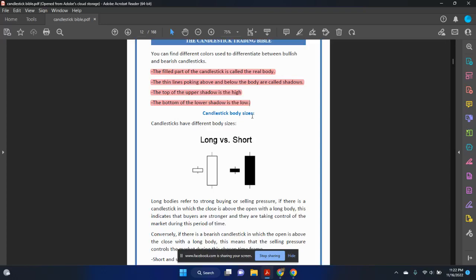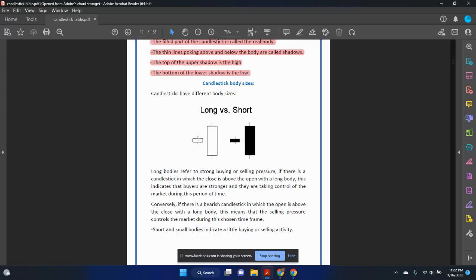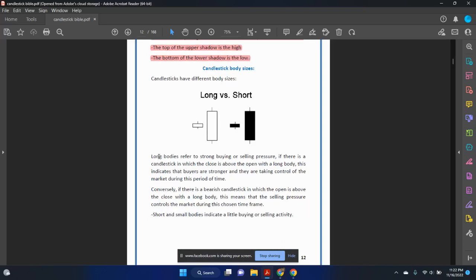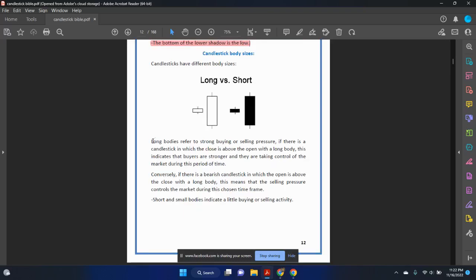Candlesticks have different body sizes, right? We had that small one, and we got that engulfing. Long bodies refer to strong buying or selling pressure. If there is a candlestick in which the close is above the open with a long body, this indicates that buyers are stronger and they are taking control of the market during that period.